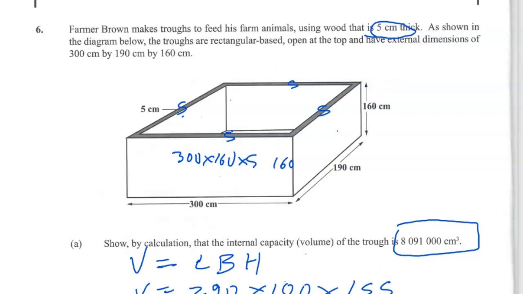That gives us what now? 300 times 160 times 5. We end up with 240,000. This is 240,000 cm cube. And of course, this opposite would be the same.